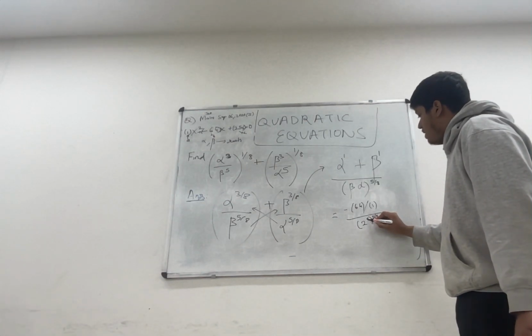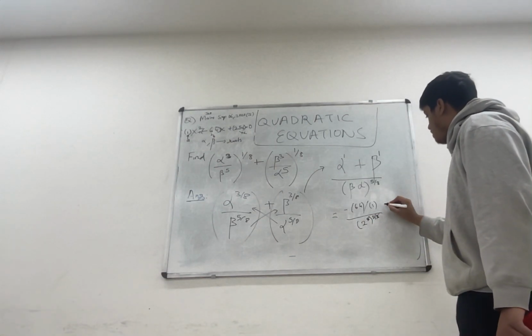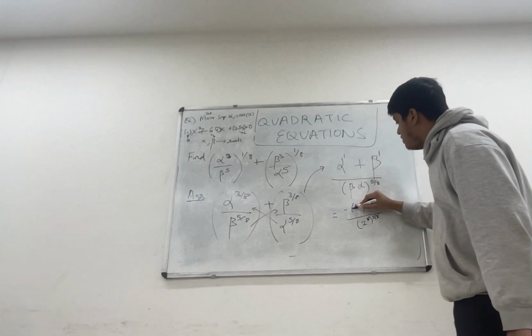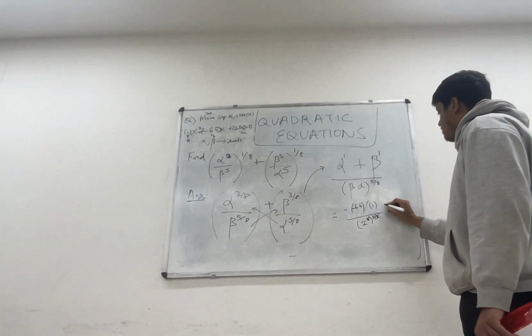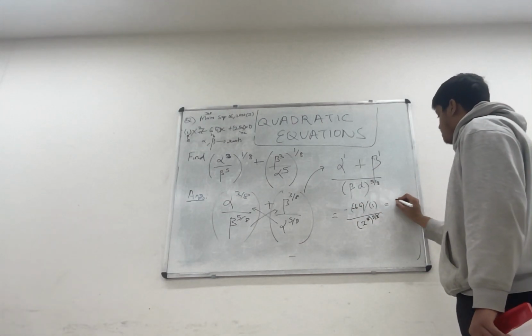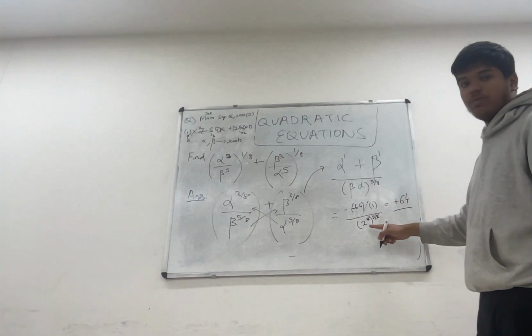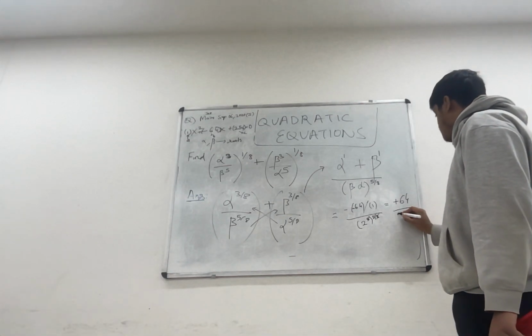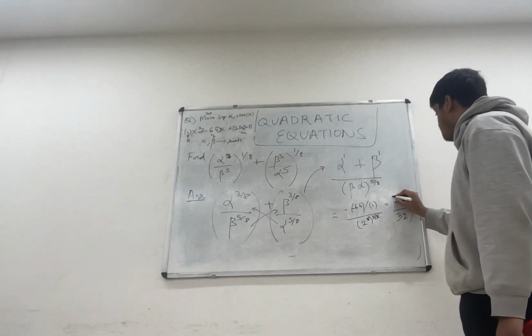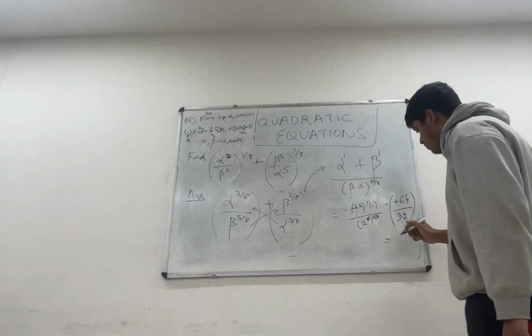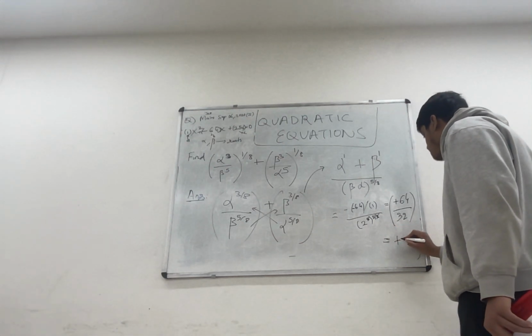This will get multiplied, so 8 and 8 will cancel. And b was minus 64. Minus into minus is plus, so plus 64 in the numerator, and 2 power 5 in the denominator, which is 32. So plus 64 by 32, and the final answer is plus 2.